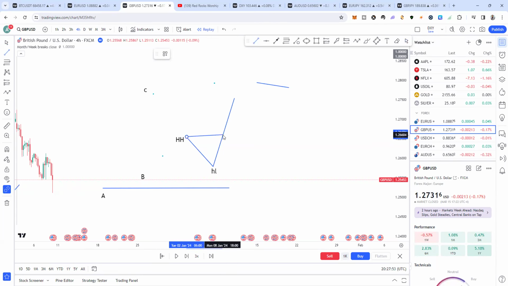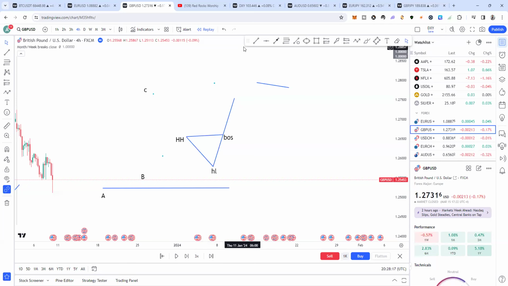There's a break of structure. So right here is our break of structure, known as, I'm going to name that as BOS. So right here is our break of structure. So right now, we now have a break of structure. Now, if you understand basic market structure, you will now know that, oh, this is bullish. This is a bullish scenario.